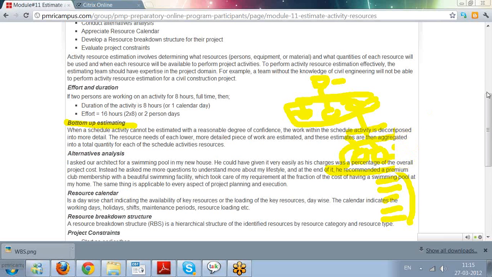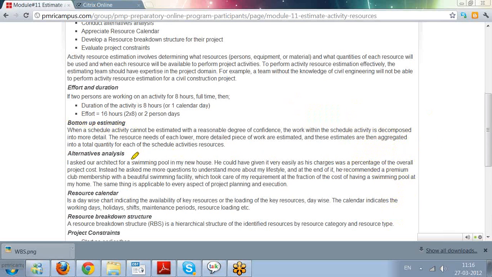Here is an example: when I was constructing my house, I was insisting on having a swimming pool, but the architect was hell-bent on not giving it to me. Initially I argued with him, but he was doing it for my own benefit.